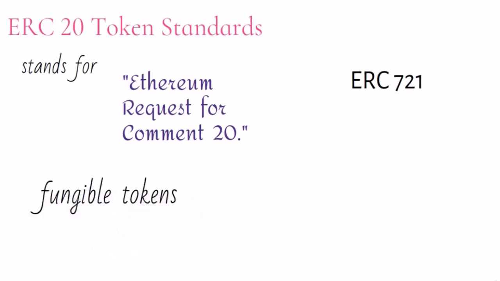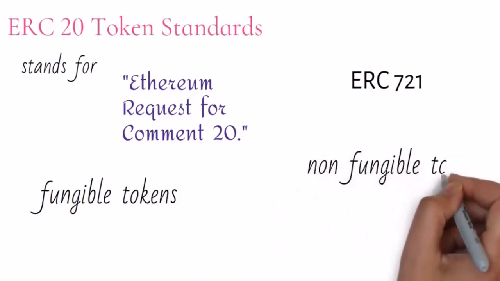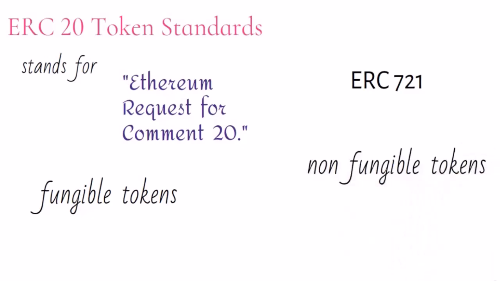The other token standard, ERC-721, is also an Ethereum token standard which helps to create tokens on the Ethereum blockchain network. However, those tokens are non-fungible, and they are commonly called NFTs. So if you want to create NFTs, or non-fungible tokens, you can use the ERC-721 token standard.